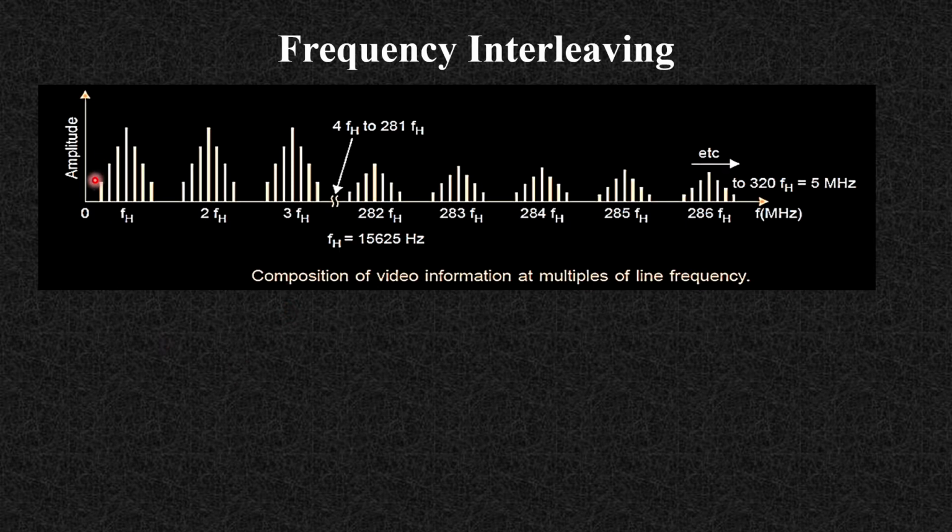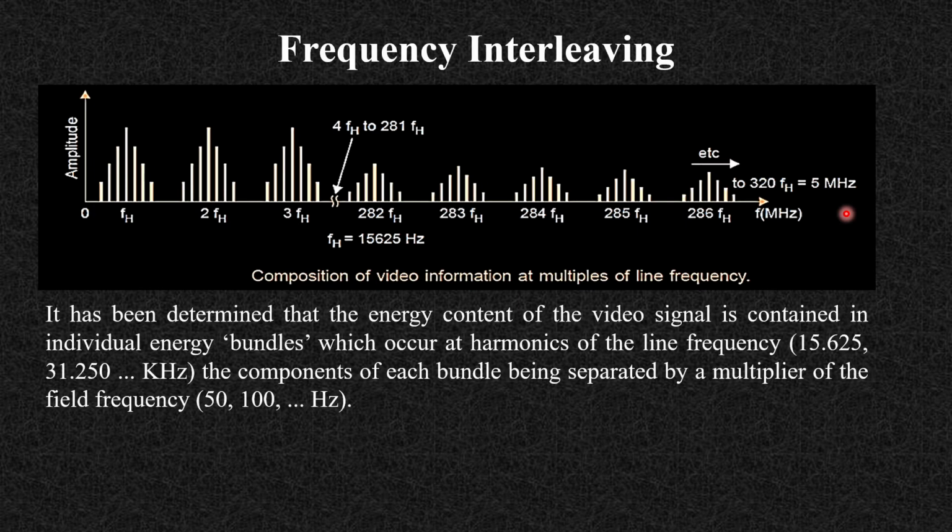Now you can see the amplitude versus frequency, in megahertz, and this particular frequency exists up to 5 megahertz because my video bandwidth is 5 megahertz. It has been determined that the energy content of the signal is contained in individual energy bundles which occur at the harmonics of the line frequency.